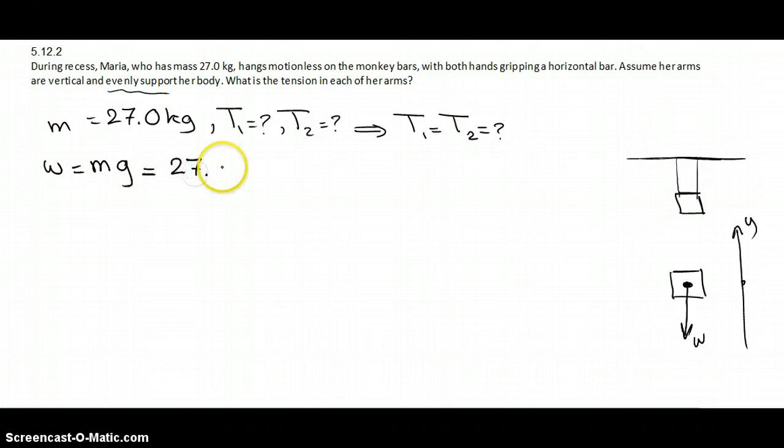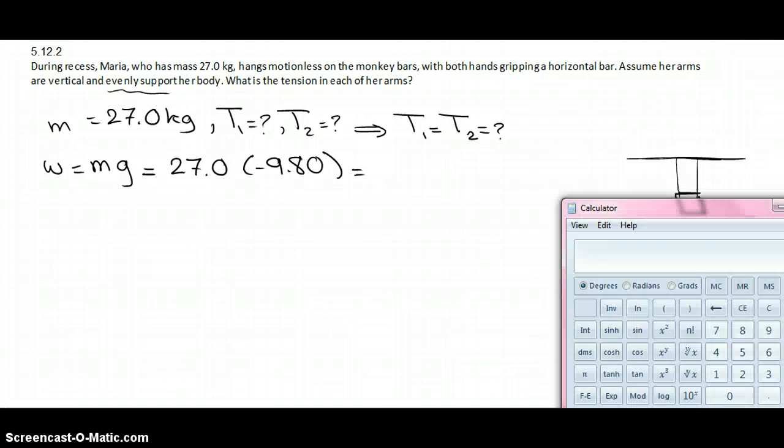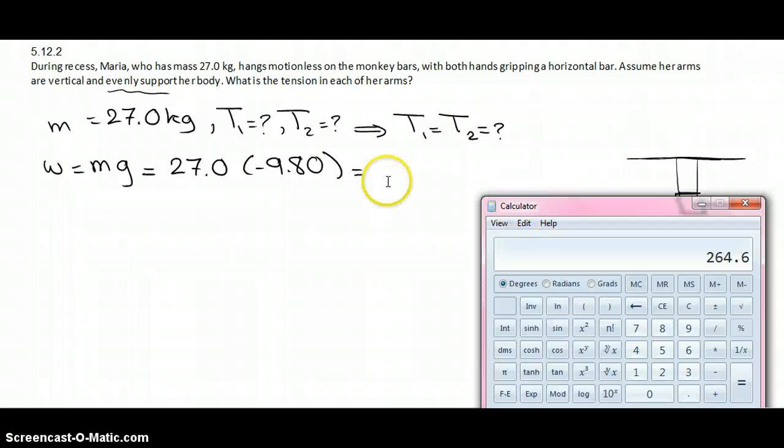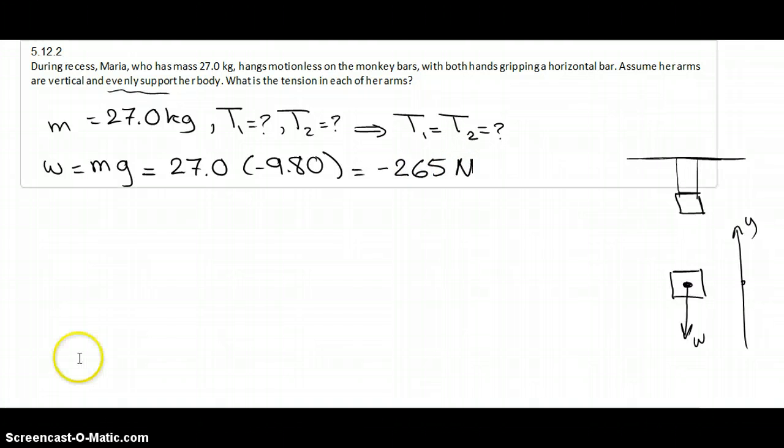So it's 27 multiplied by 9.8. And the answer, according to my calculator, is 264.6. Of course, I know that I need to use only 3 significant figures, so I'm going to use 265 newtons. It's negative.